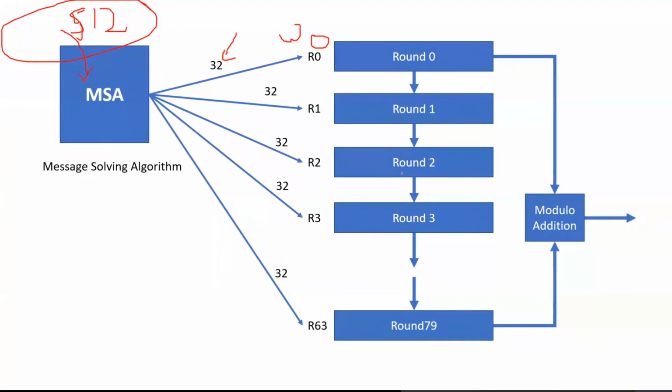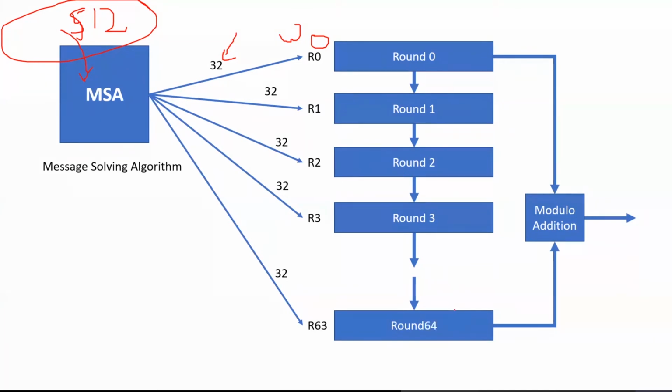Next, we repeat the same sequence. So round number 16 will get word 0, round number 17 will get word 1, round number 18 will get word 2 and so on. And we repeat for all the 64 rounds.